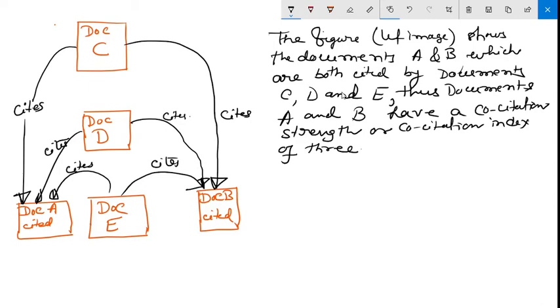Okay. So this co-citation index is usually established using citation index.